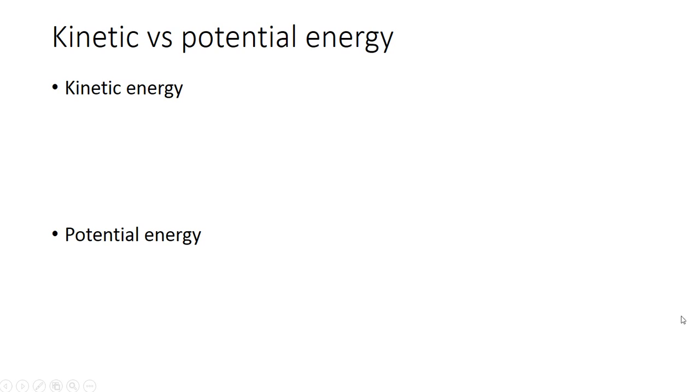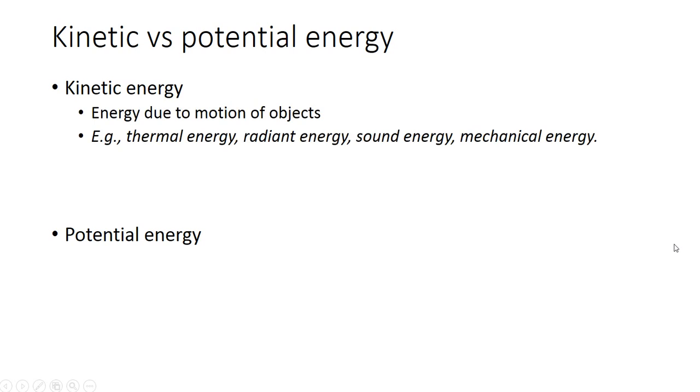So kinetic versus potential energy. As we already said, kinetic energy is energy due to motion of objects. And some examples of kinetic energy, we have thermal energy. Thermal energy is the energy due to the vibration of particles. That's where we get heat.